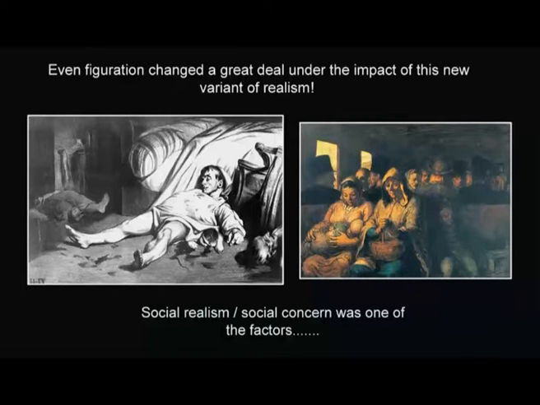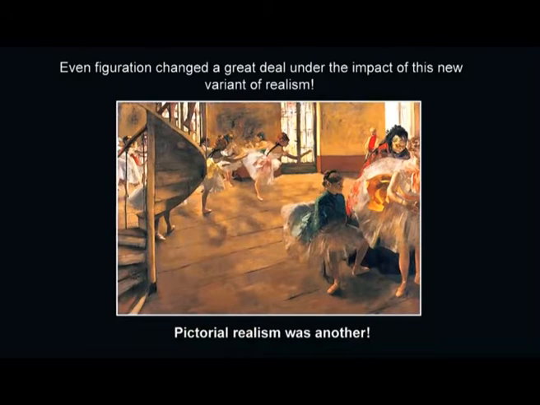So, even figuration changed a great deal under the impact of this new variant of realism, and social realism and social concern was one of the major factors. And then you have different kinds of figurations when pictorial realism and a different kind of pictorial framing became the new concern for many painters, for example, Degas.